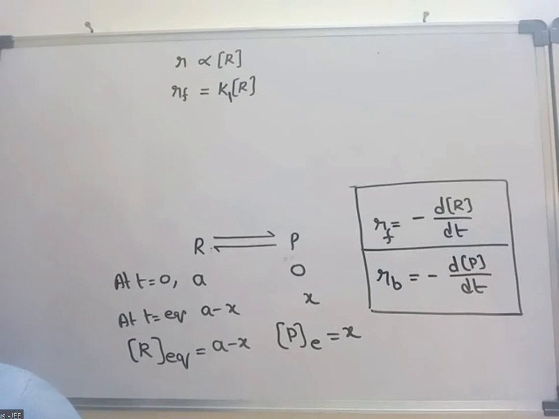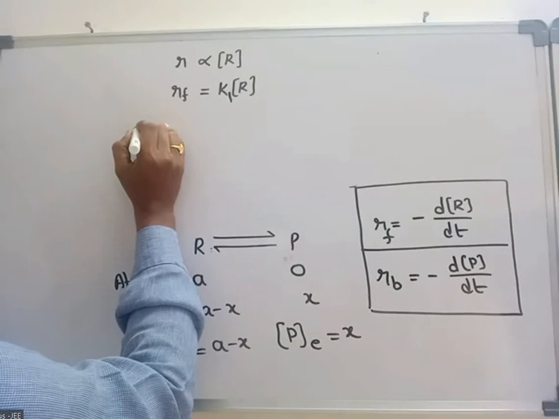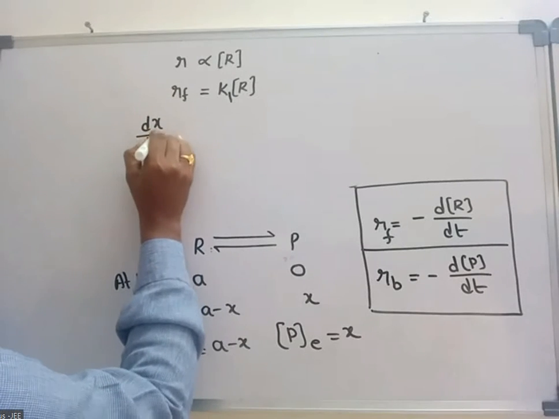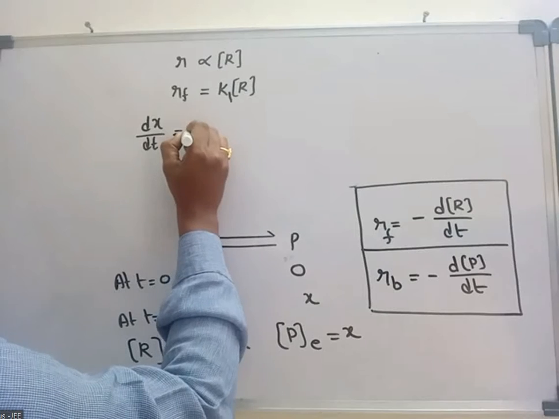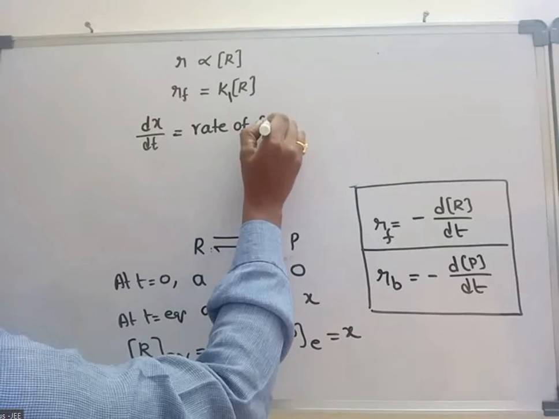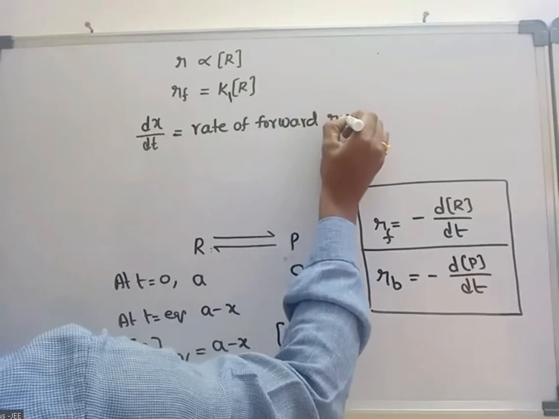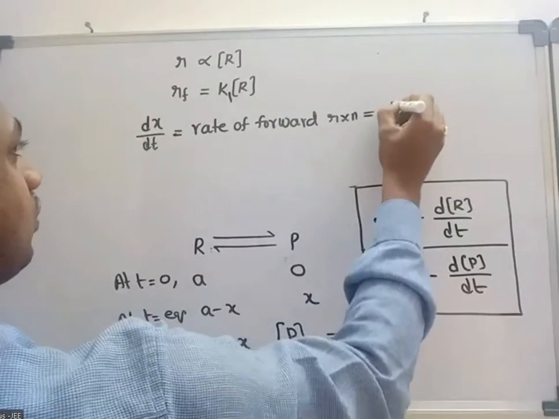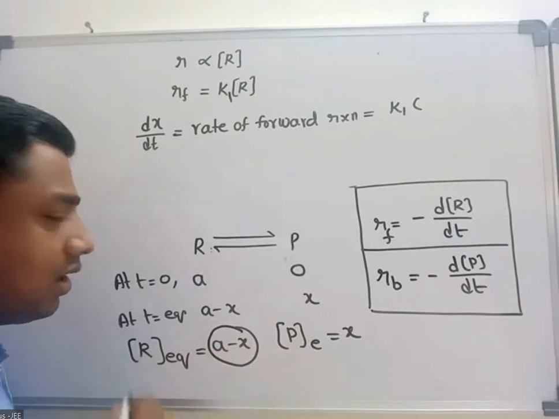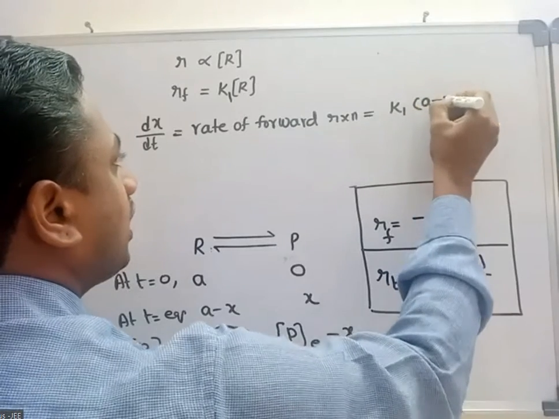Therefore, dx by dt equals the rate of forward reaction, which is K1 into the concentration of the reactants remaining after the reaction, that is K1 into A minus X.